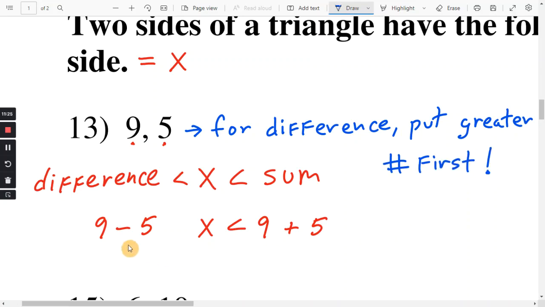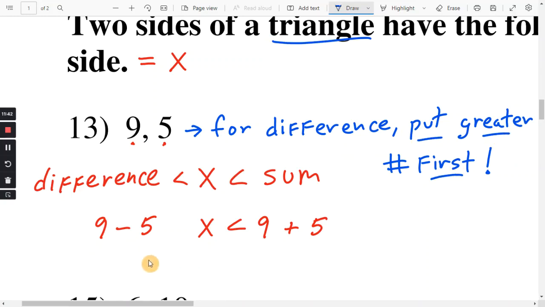Okay, if you do 5 minus 9, you're going to get a negative number. You cannot have a negative side length for a triangle. Okay, all the side lengths have to be positive. So when you do the difference or subtraction, you want to put the greater number first.